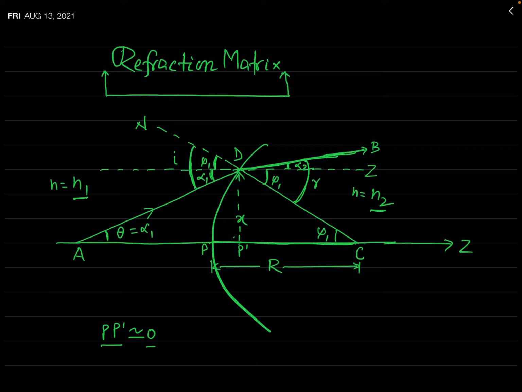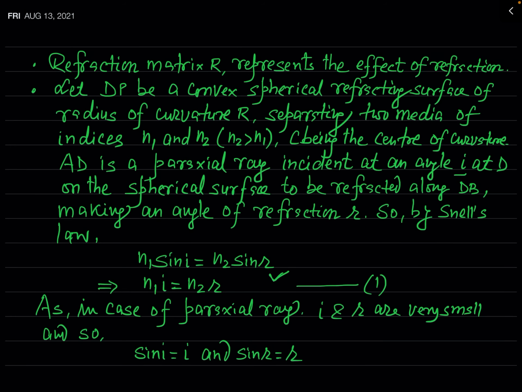So this I and R will also be very small, and when I and R are very small, then sin I is equal to simply I, and sin R is equal to R. So this Snell's law, N1 sin I equal to N2 sin R, now can be written as N1 I equal to N2 R.